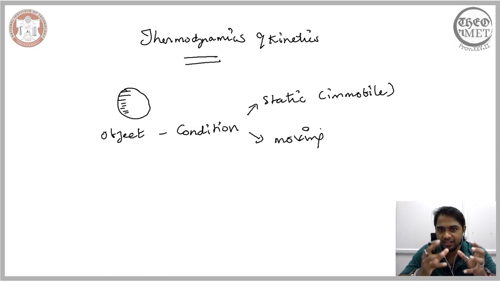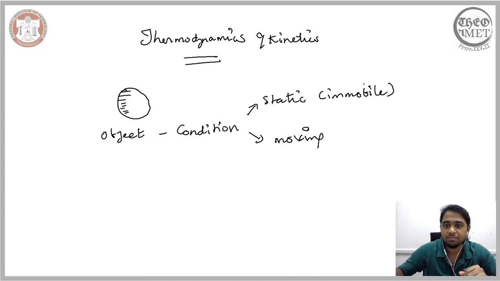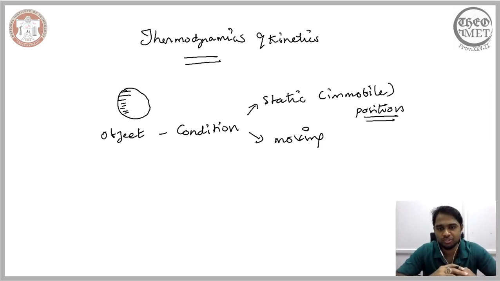If I say the spherical ball we have considered is static, in order for me to describe what the static condition means, I should know the position of the object. With respect to time, if the position stays the same, then my object is static or immobile.